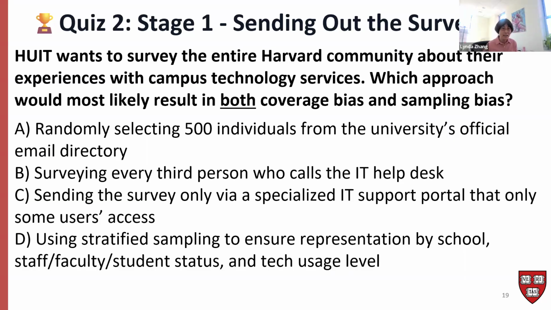And answer D, use stratified sampling. This is actually the best approach, using stratified sampling to make sure each group, either demographic group or school or other types of groups, would be able to mirror the population.